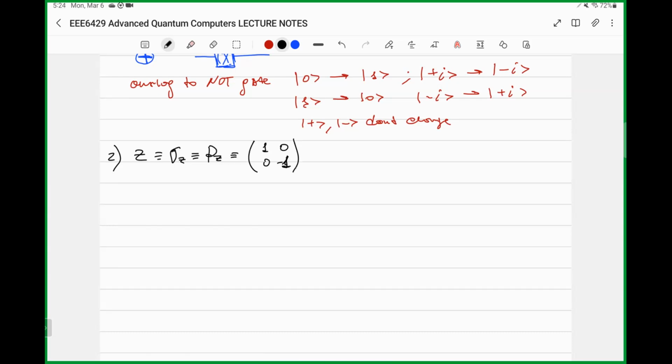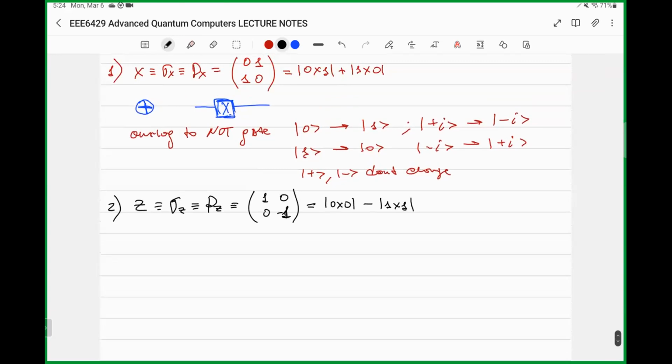This is already a diagonal matrix with eigenvalues 1 and minus 1. In the outer product representation, it is |0><0| minus |1><1|.